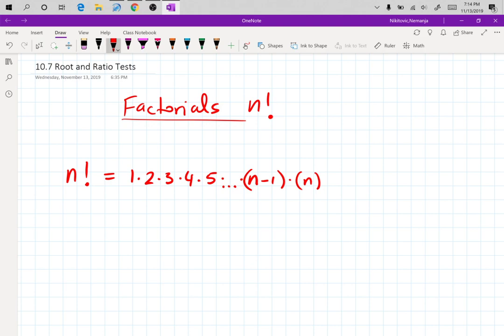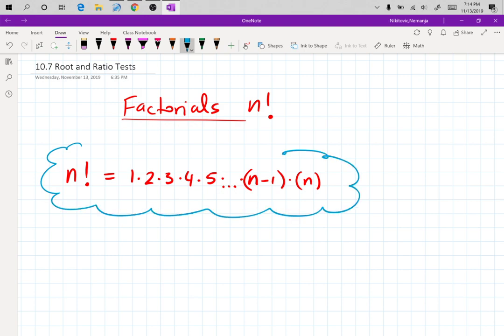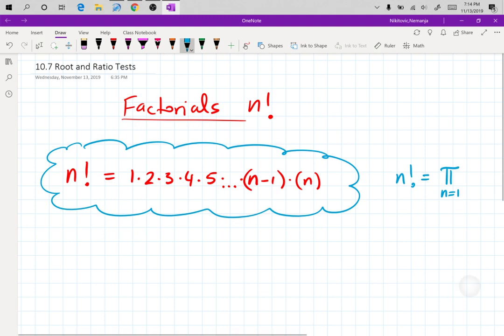There is a notation that no one uses. I mean, a lot of people use it, but no one uses it in calculus. You can also write n factorial as the product, pi, of i going from 1 to n of i.